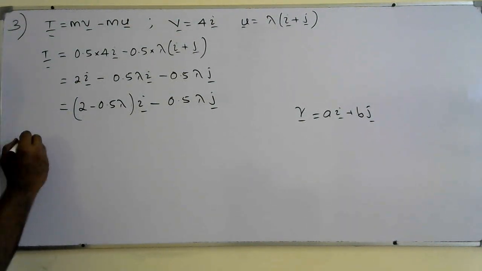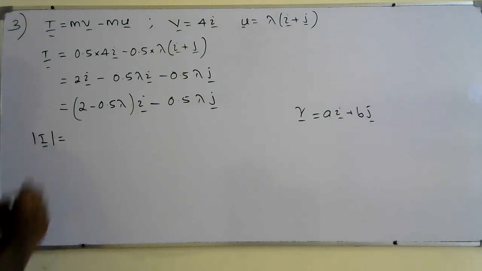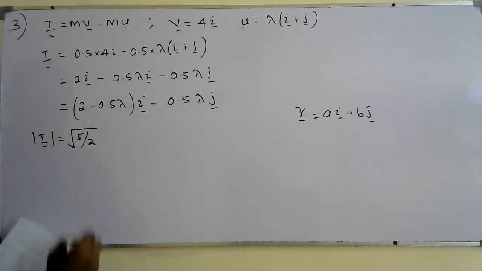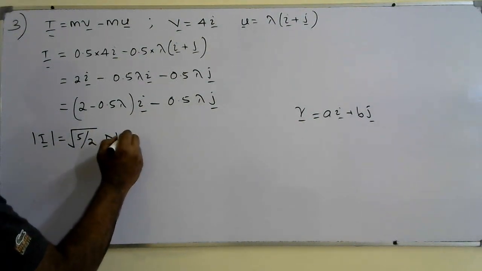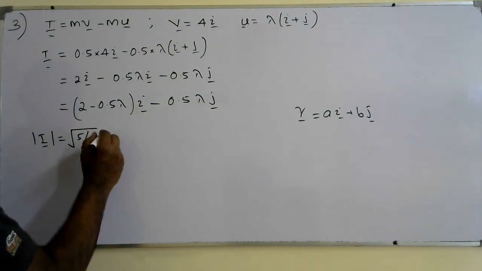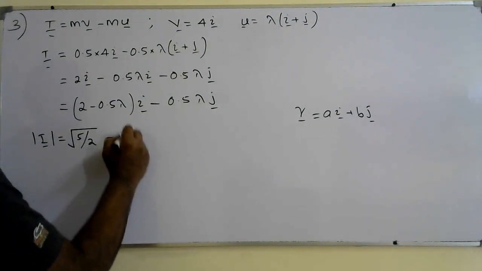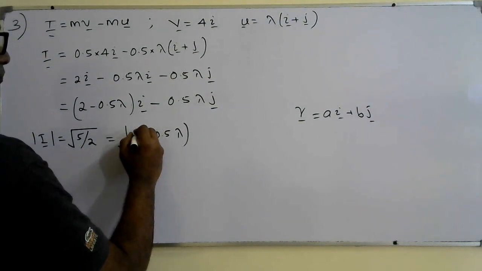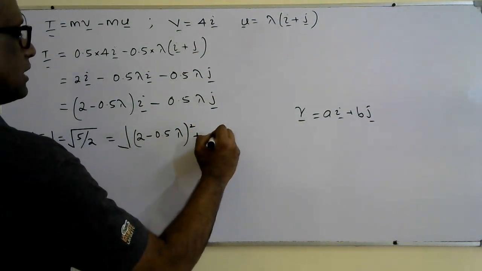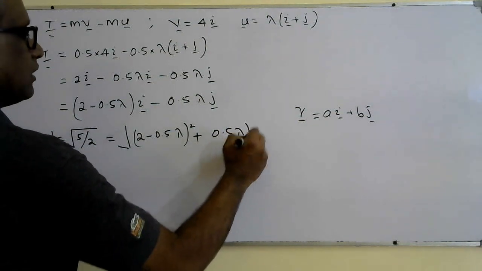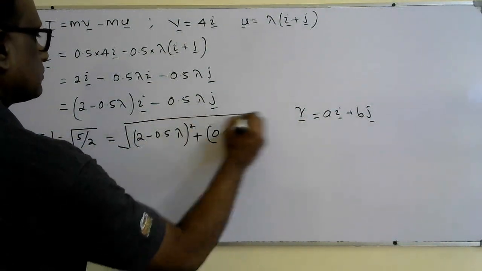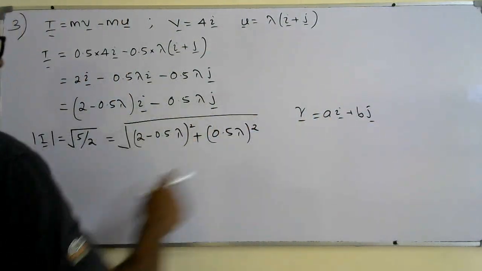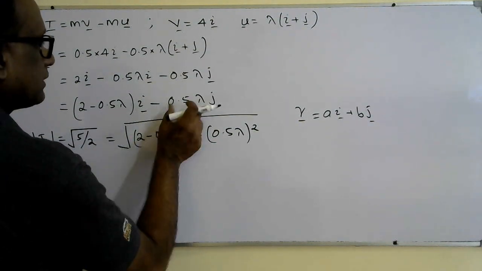We know the magnitude of the impulse is root 5 by 2 newton seconds, so that is equal to the square root of (2 minus 0.5 lambda) all squared plus (0.5 lambda) all squared. Because it's a squared plus b squared, square root of it, so this squared plus this squared.